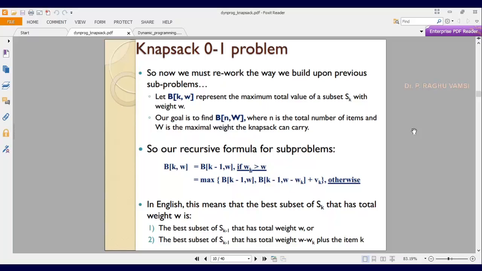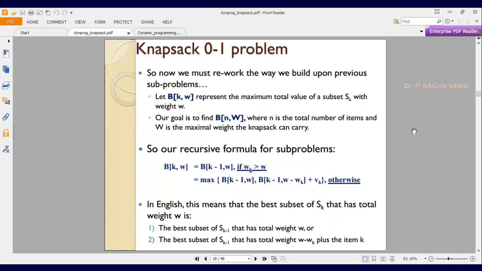The benefit of k comma w will be evaluated like this: benefit of k comma w is equal to benefit of k minus 1 comma w. K minus 1 means the previous item, comma the weight, the current item's weight.